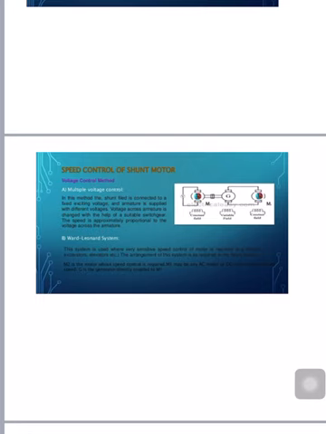Next, how do we control the output voltage of the generator? By controlling the output voltage of the generator, the speed of the motor can be controlled. For this purpose, a field regulator is connected across the generator with the DC supply lines to control the field excitation.